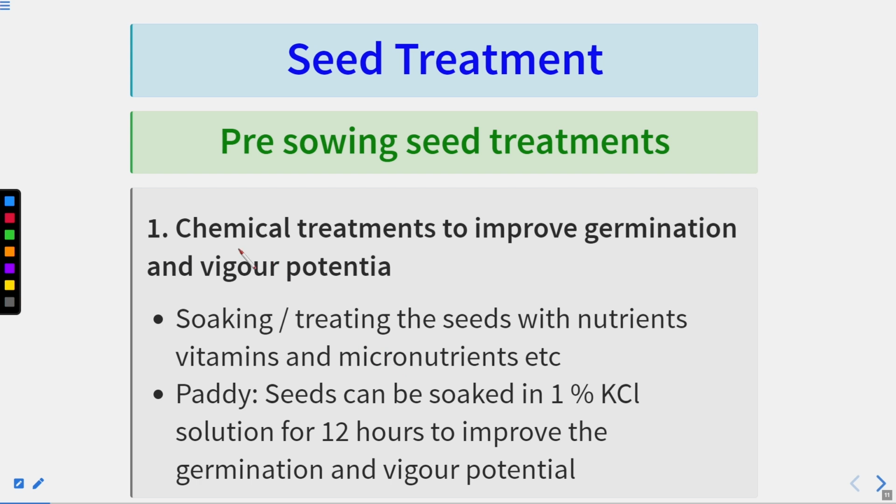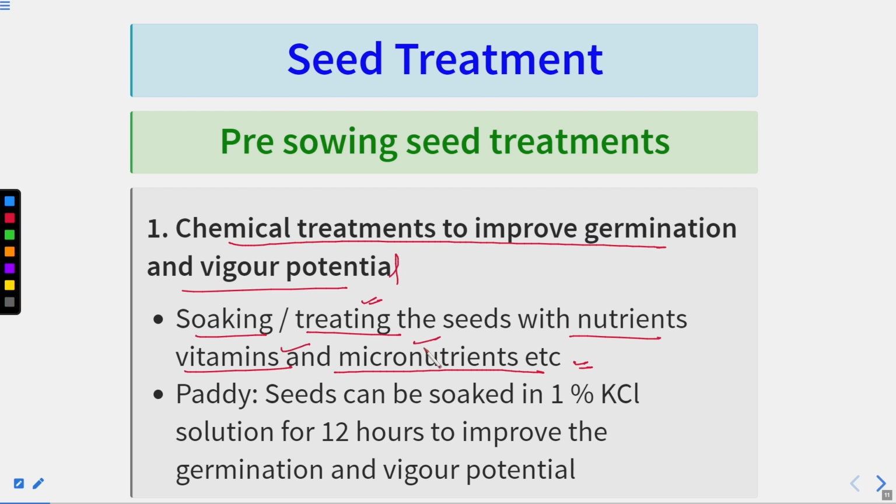There are some other methods that come under the special treatment. So the first thing, chemical treatment to improve the germination and the vigor potential. Soaking, treating the seed with nutrients, vitamins and micronutrients. For example, paddy.